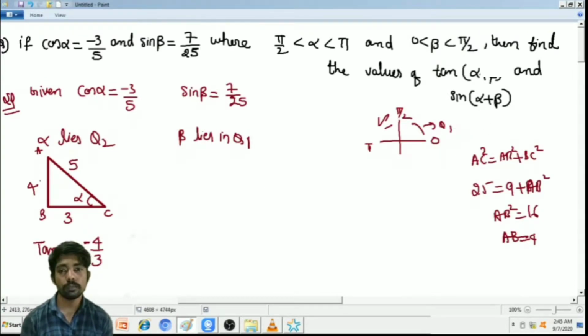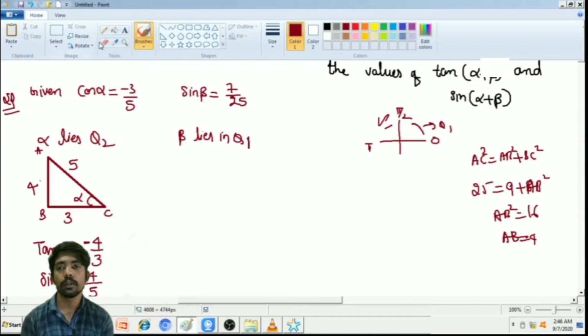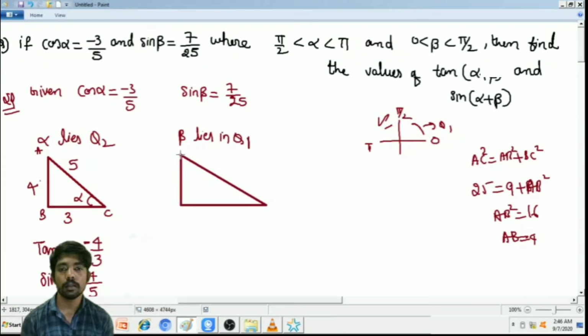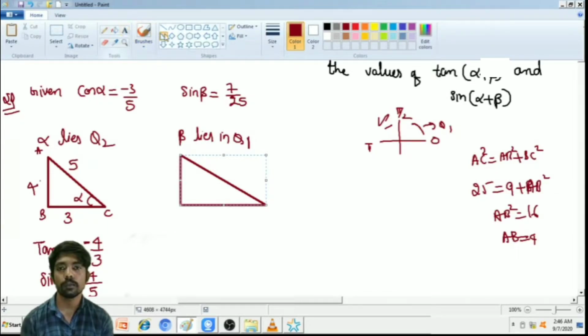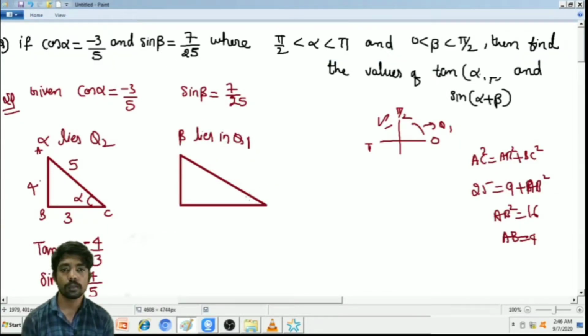Next is sin alpha, which is opposite by hypotenuse. Next, moving into the second triangle, the beta triangle, this is beta, opposite by hypotenuse. Then using Pythagoras theorem you can find this as 24.